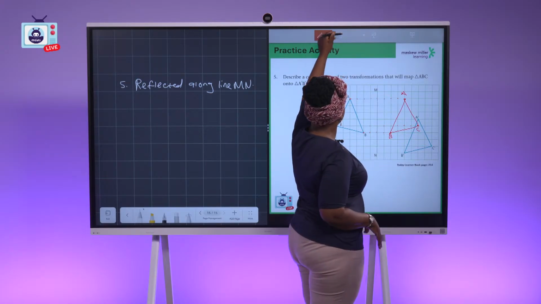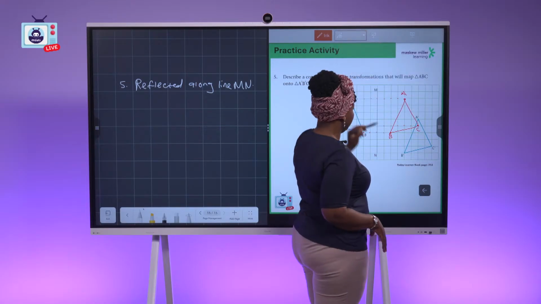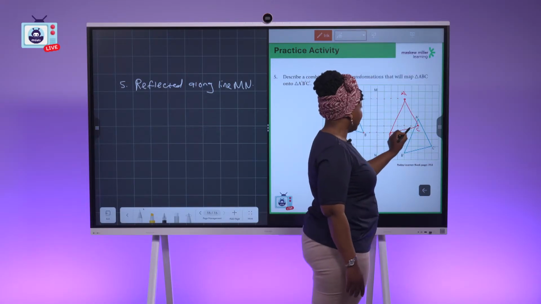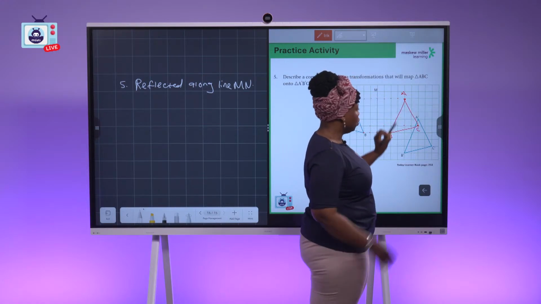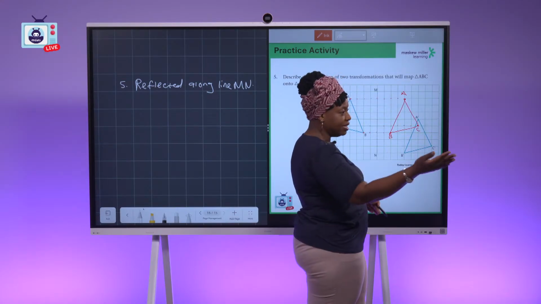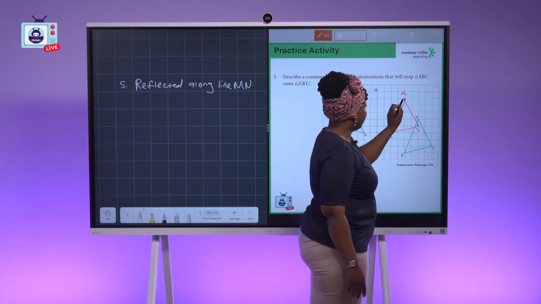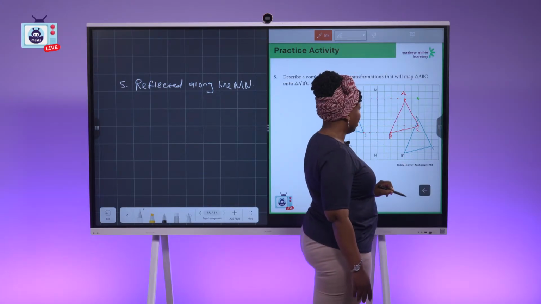So let's see if we can do that very quickly and move down, and then we go there. So if I have to move down, my A will have to first go to there. It's either I go to the right and I go down, or I go down and to the right. Either way, there's no order. So if I go to the right, it's 1, 2. I got it there. So that is where my new A will be.